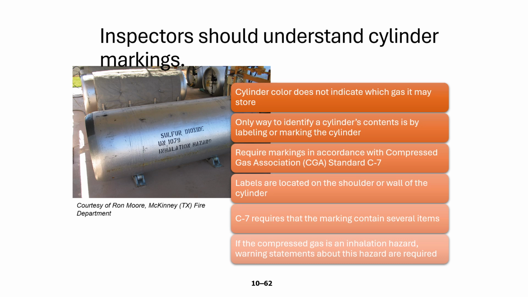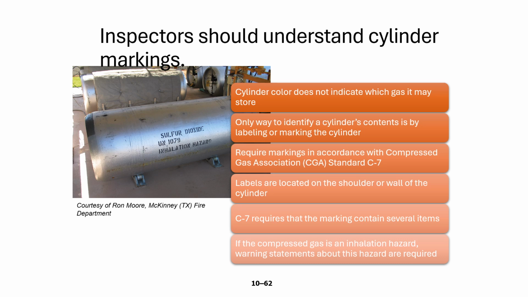Labels are located on the shoulder or the wall of the cylinder, and CGA standard C-7 requires that the marking state the name of the hazardous material, its DOT and UN hazardous material identification label, and hazard division identification number, which is used in the ERG, the Emergency Response Guide.